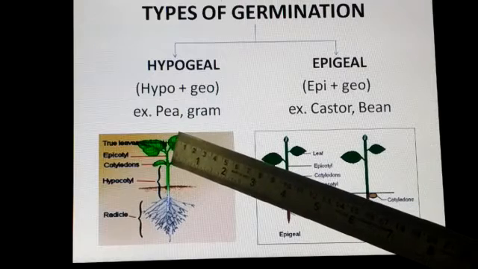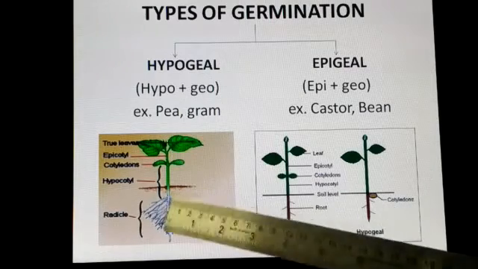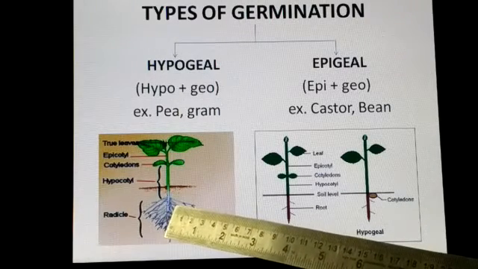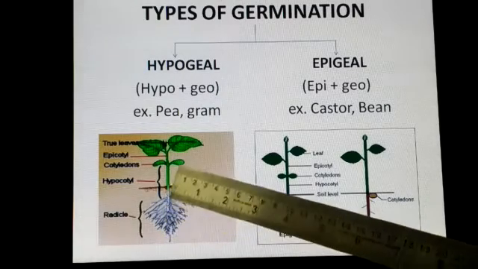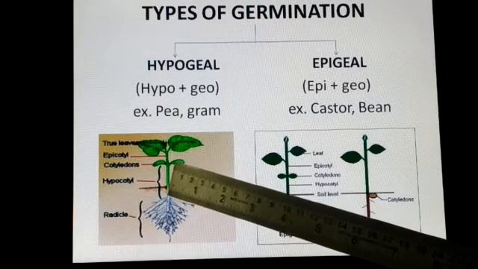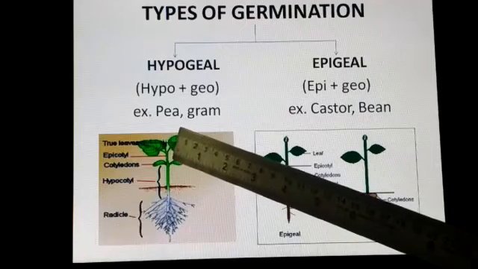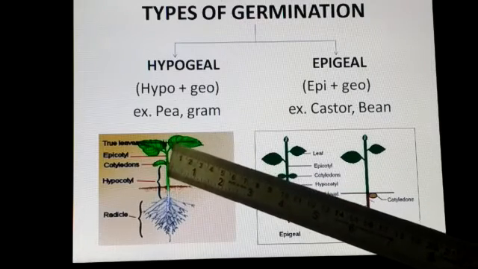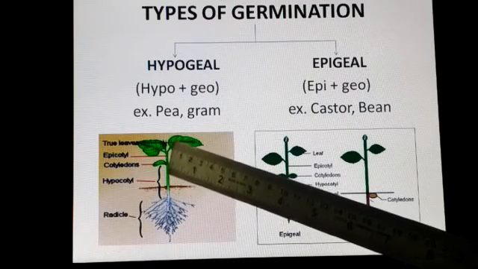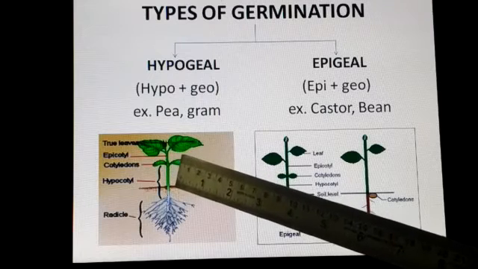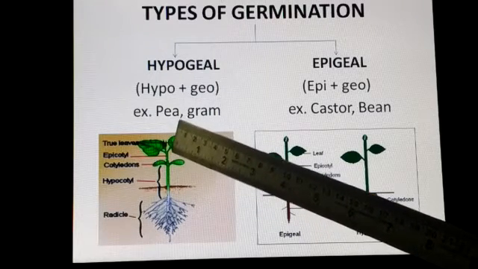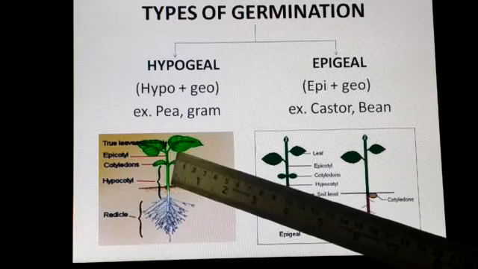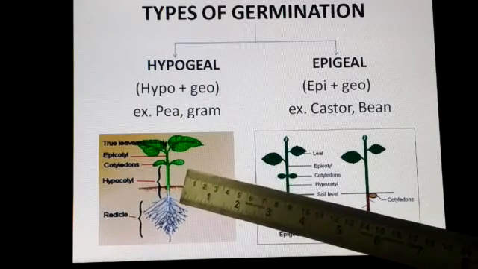And from the cotyledons till the actual roots which are growing here, that is radicle which has turned into root, from the radicle part till the point of attachment of cotyledons, this part of the embryonic axis is called hypocotyl. So we need to understand the position of epicotyl and hypocotyl to understand the 2 kinds of germination.